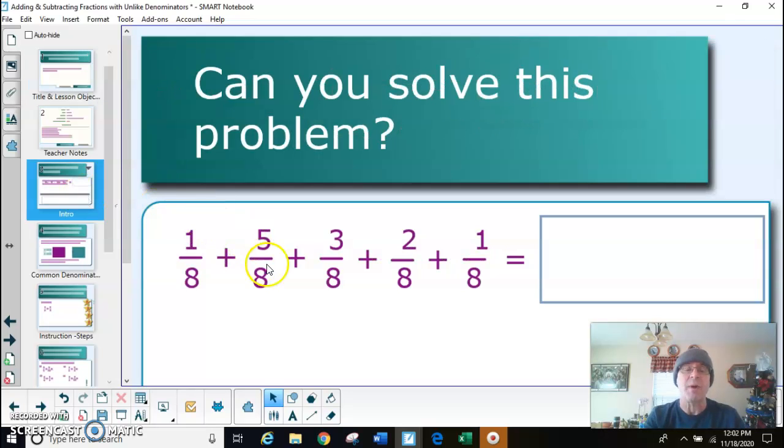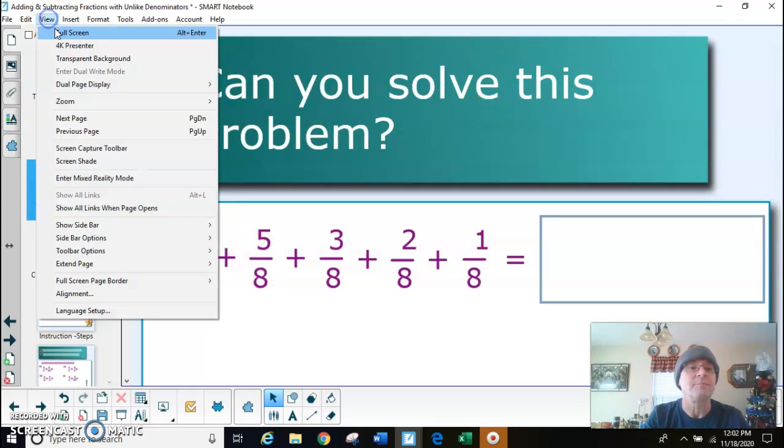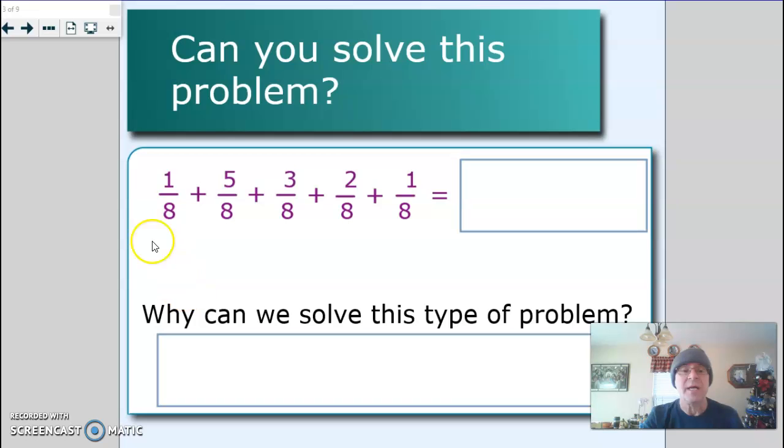So if we looked at this problem here, because all of these denominators are the same, 8, 8, 8, 8, 8, 8, we can solve this problem by just adding together the numerators. 6, 7, 8, 9, 10, 11, 12, 13.